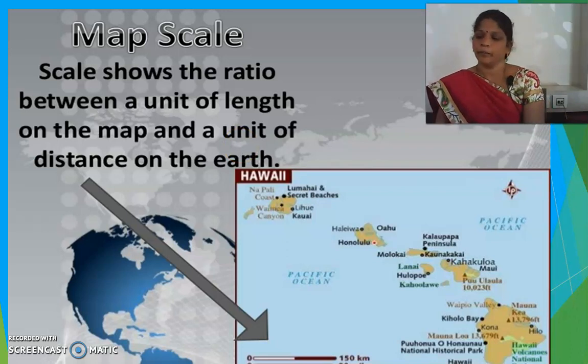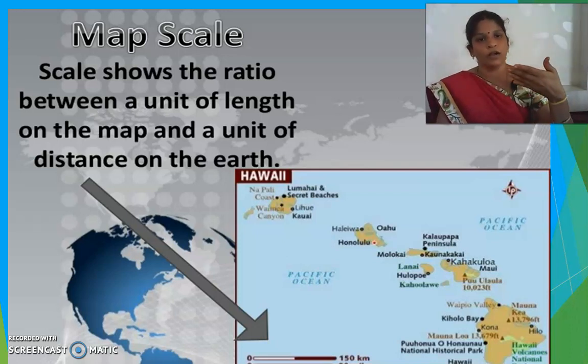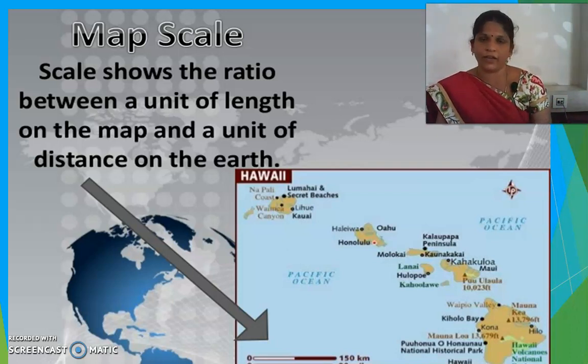Maps or drawings reduce the entire world or a part of it to fit on a sheet of paper. Now imagine you have a Tamil Nadu political map in your hand. Is Tamil Nadu in this shape, at this size, the correct shape of our Tamil Nadu? We want to represent the whole Tamil Nadu on a small rectangular or square paper, so it is not possible to draw the actual distance. For that we use the scale.